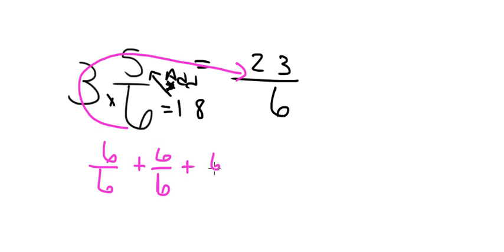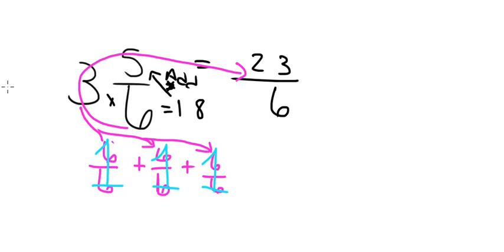And then we can say 6 over 6 is 1 again, which gives us 3, right? So now we've changed this 3 here, we've broken it down into these 3 fractions, and they all mean the same thing. Because each one of these has a value of 1. And when I add that up, I have 1 plus 1 plus 1 is 3.